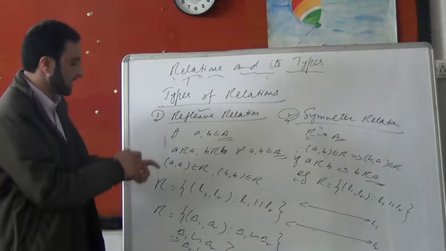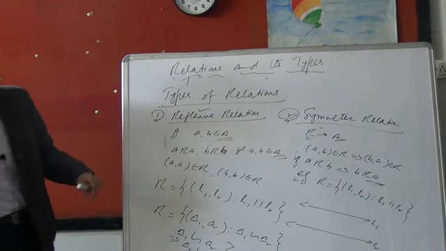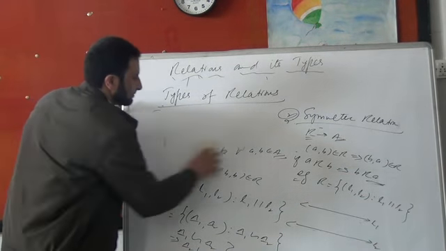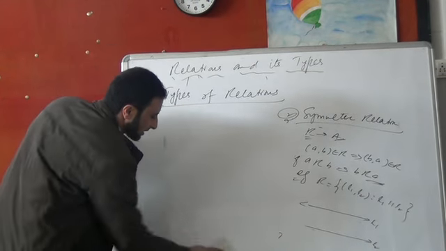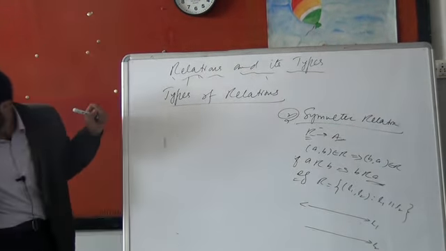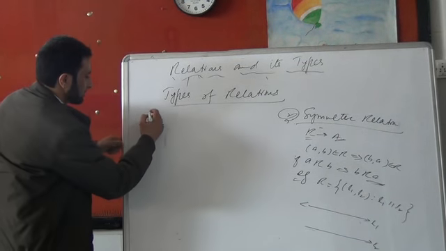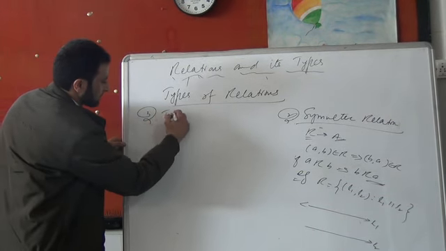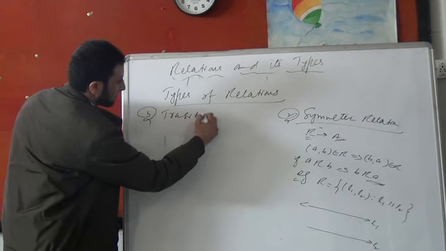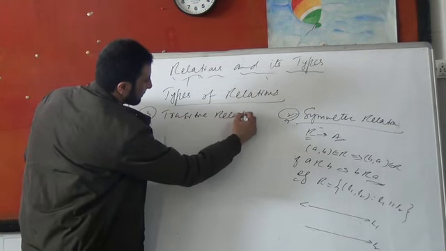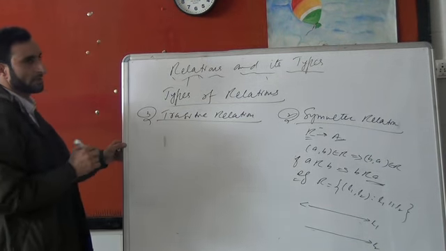Then you have the third type, that is a transitive relation. So what is a transitive relation?